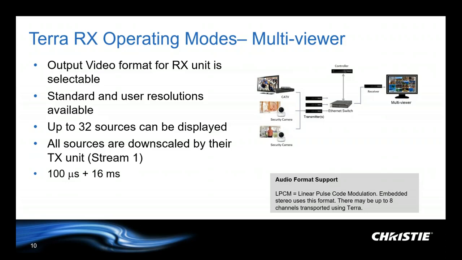It still does add a little bit of delay, 16 milliseconds, as it buffers all these different sources to be able to display them on the screen or on the display.